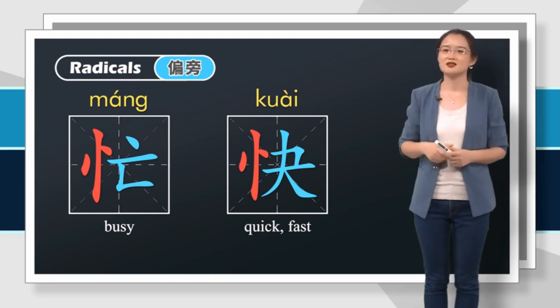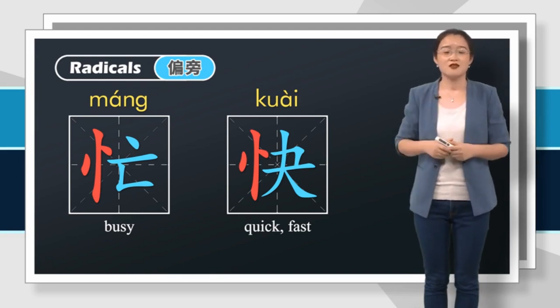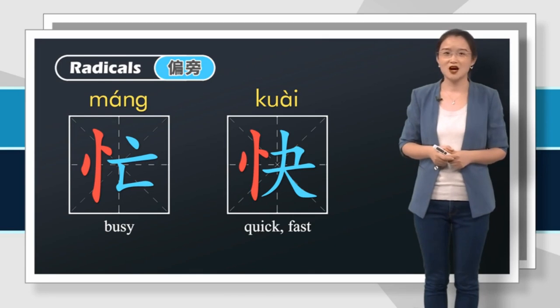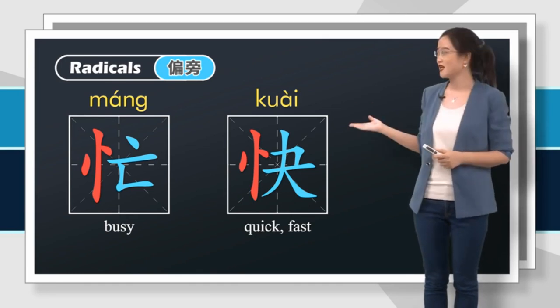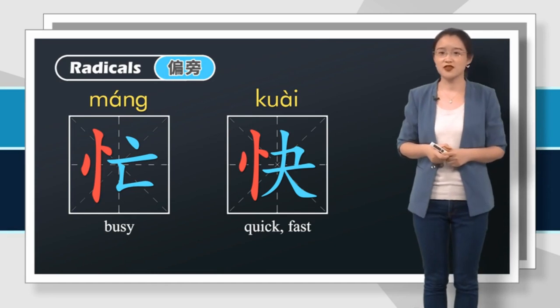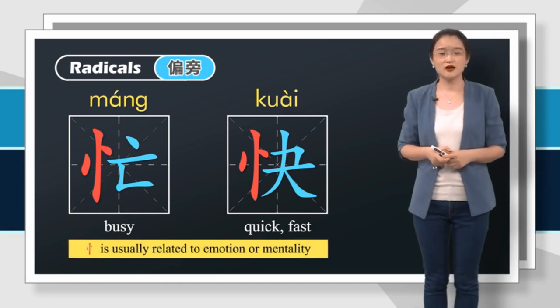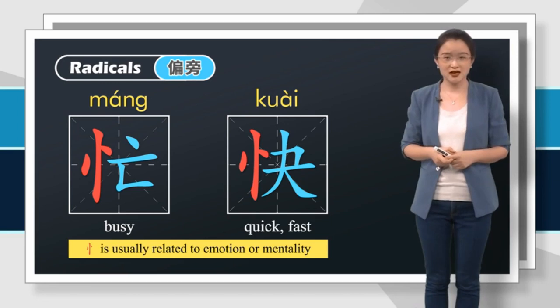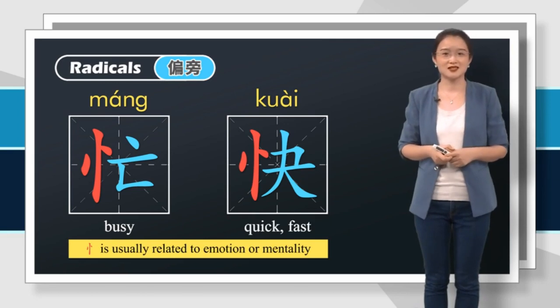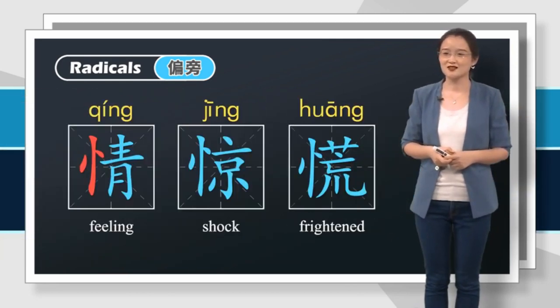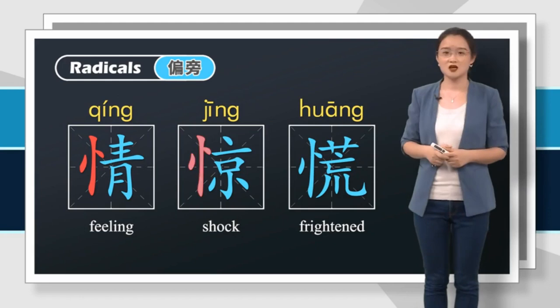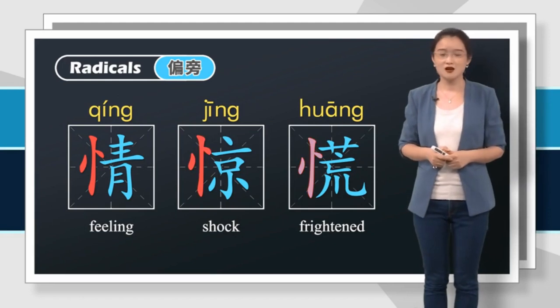Yes, it means heart. This radical 竖心旁 comes from the character of heart, 心. In Chinese, heart has a function of thinking. So characters with this radical are usually related to emotion or mentality, such as 情, 惊, 慌.